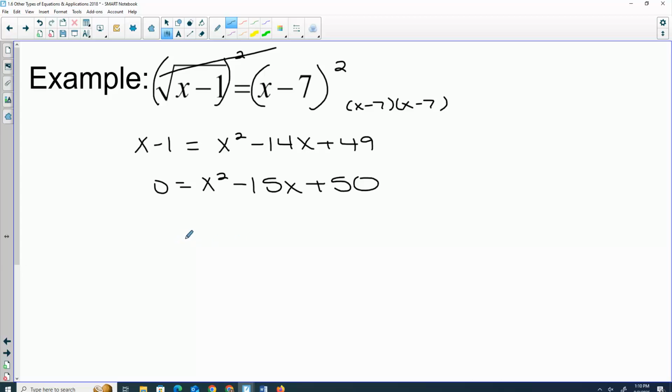Now what do we do? What multiplies to a positive 50 and adds to negative 15? So then if you set those equal to 0, what do we get?